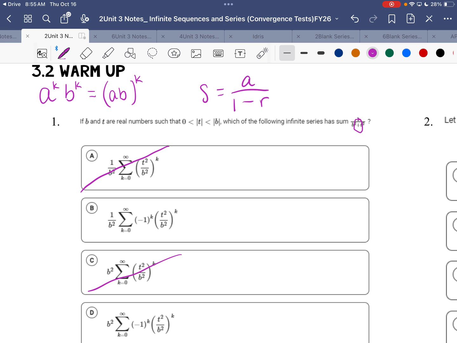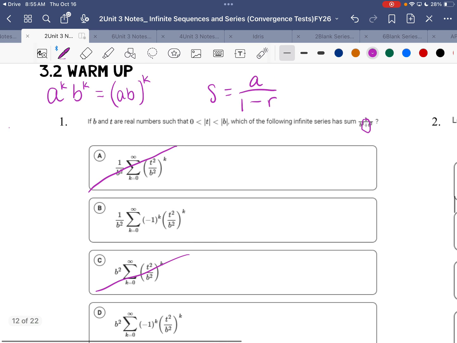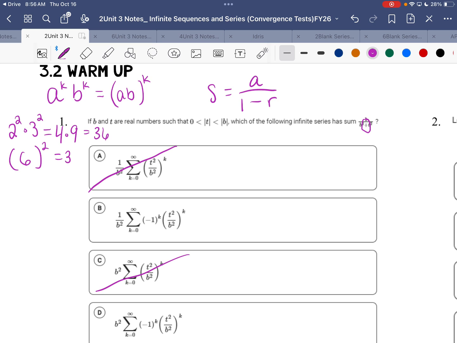And if you're wondering how that works, think about 2 squared times 3 squared. 2 squared is 4, 3 squared is 9. They equal 36. But you could also have rewritten this as 2 times 3, 6 squared. And 6 squared is 36. Just confirm that that is a legit thing to do.